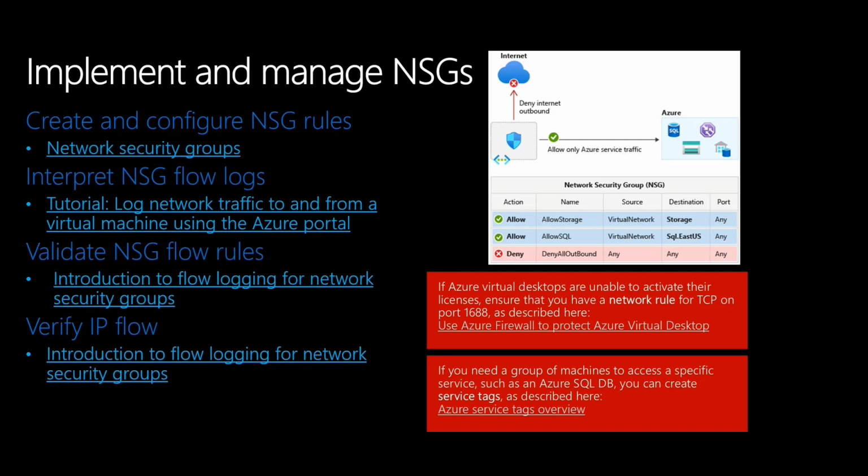What about if you have a group of machines that need to access a specific service, maybe an Azure SQL database? You could actually create what are called service tags, and those are described in the Azure Service Tags overview. So again, these are maybe not on the best slide to describe them, but they're good topics to understand and be familiar with.